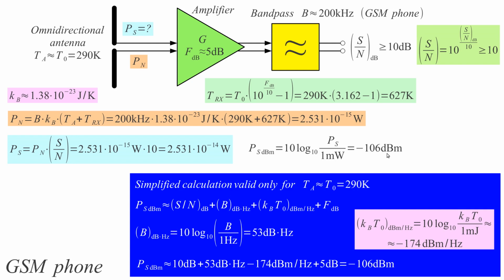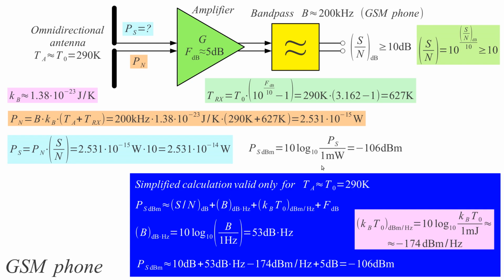This is minus 106 dBm, the theoretical sensitivity of these receivers. And I must say immediately that many mobile phones achieve exactly this figure. This was the exact calculation we could do here.